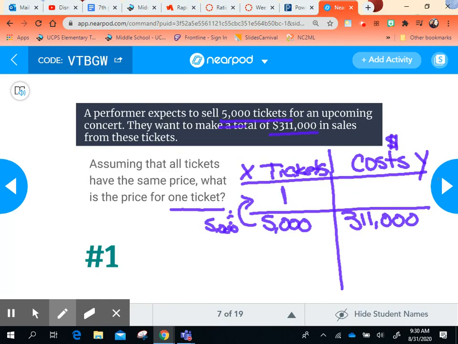So whatever I do on one side, I'm also going to, what am I going to do? Do the same thing on the other side. Thank you. Let's wake up. I know it's Monday. Go ahead and solve. What's 311,000 divided by 5,000?